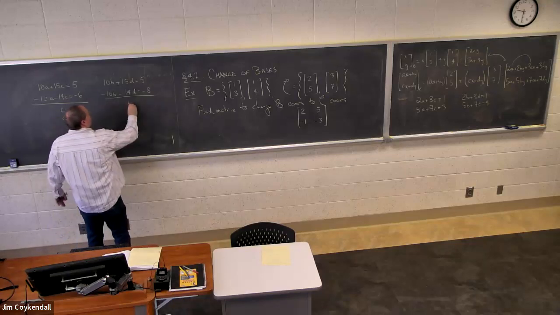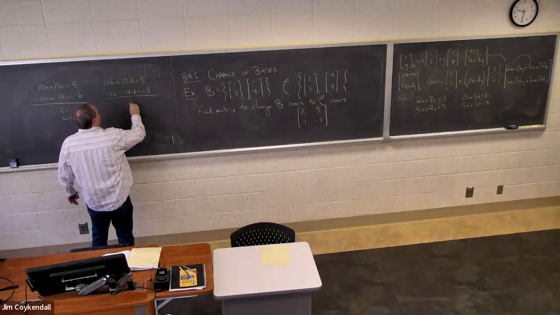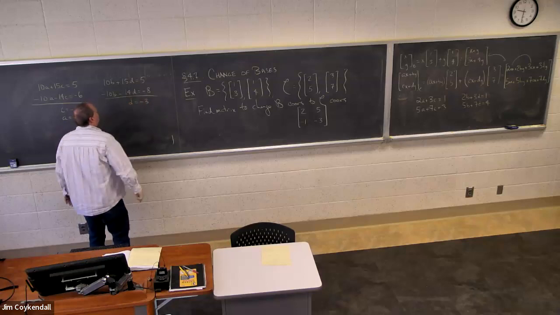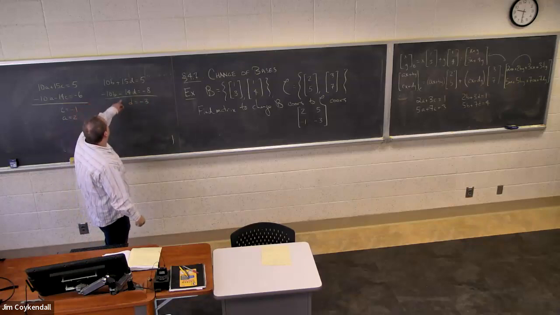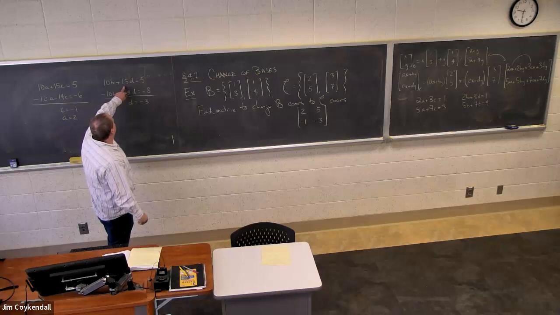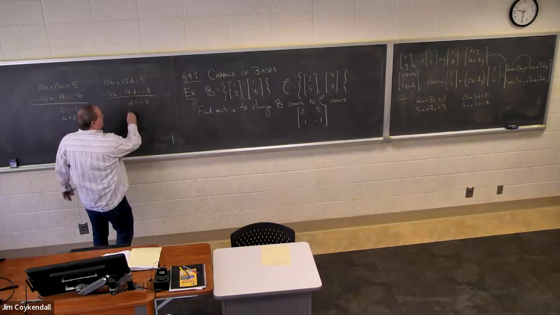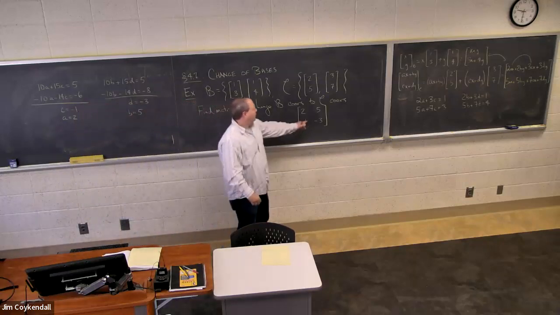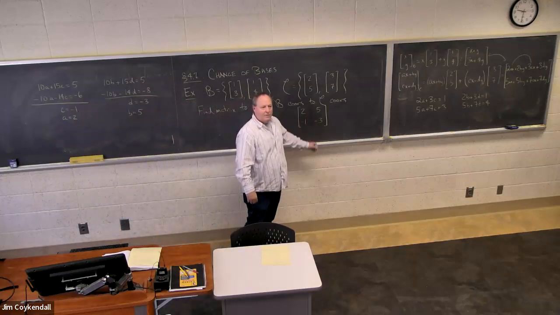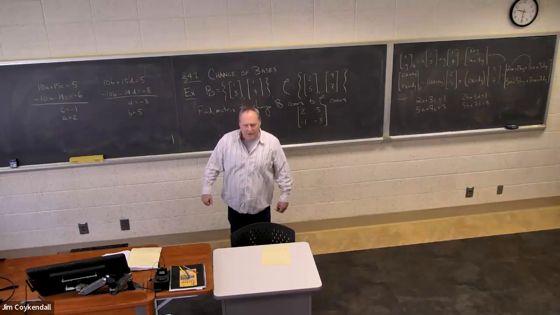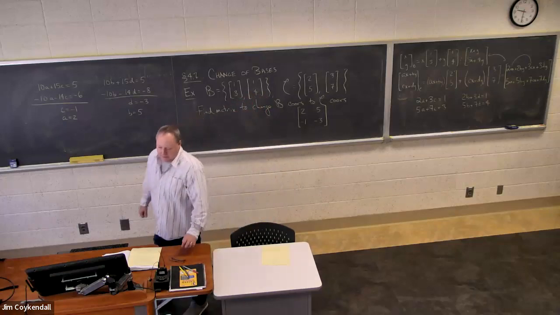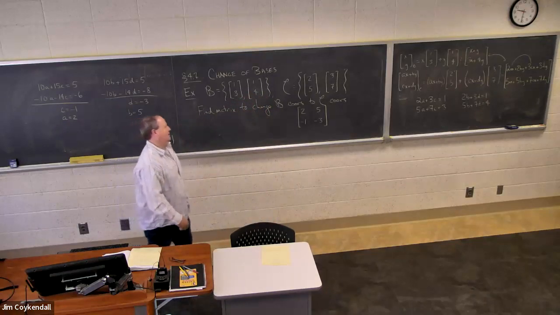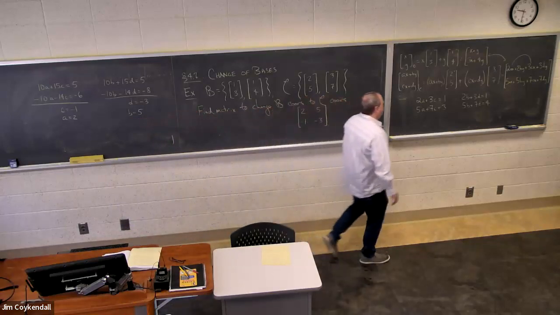Subtracting these off, I get D is -3. And if D is -3, then B is 5. So there's your 5, -3, when we cover the matrix. Everybody okay with that? But now, lucky you, let me give you a theorem.